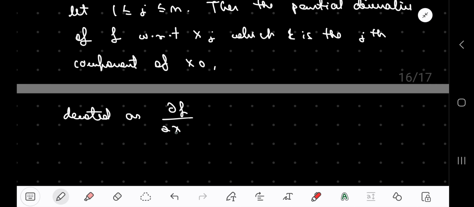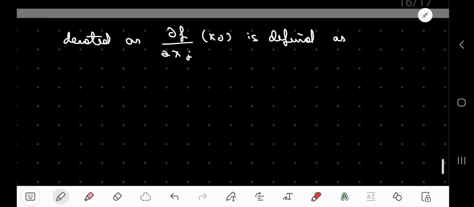Okay, so the jth component of x naught, denoted as del f by del xj at x naught, is defined as, so here what should be the direction? The direction should be the jth standard vector, right? Because since we are calculating it in the direction of xj, and xj corresponds to the jth direction, the unit vector along the jth direction.